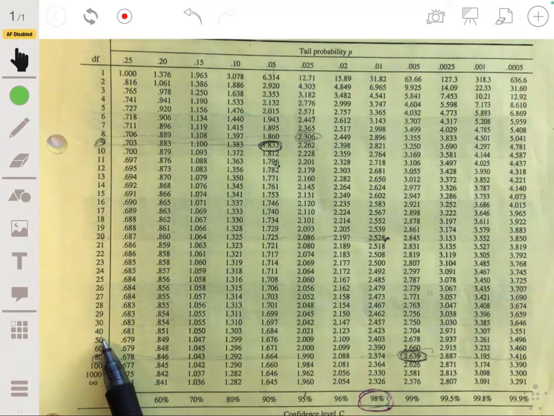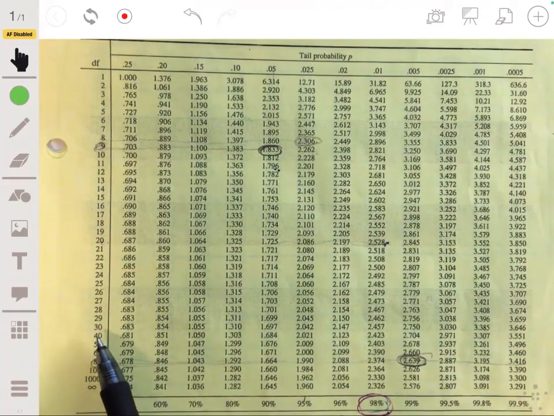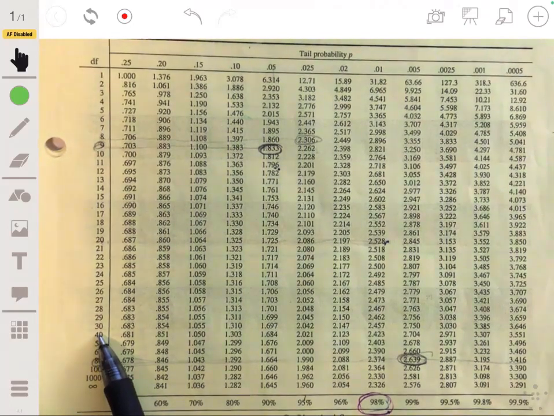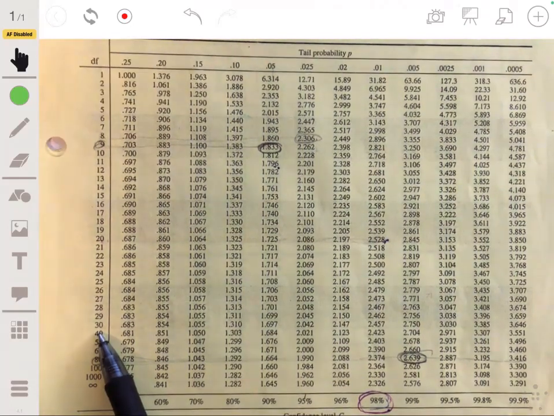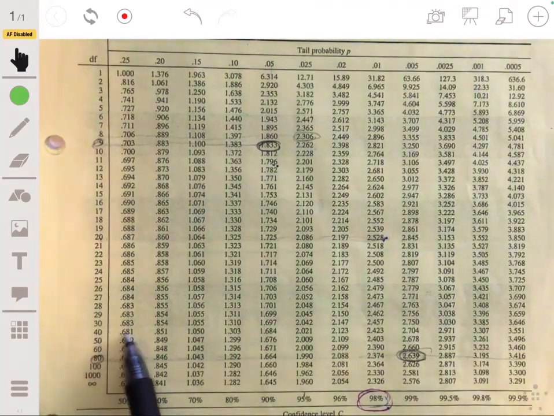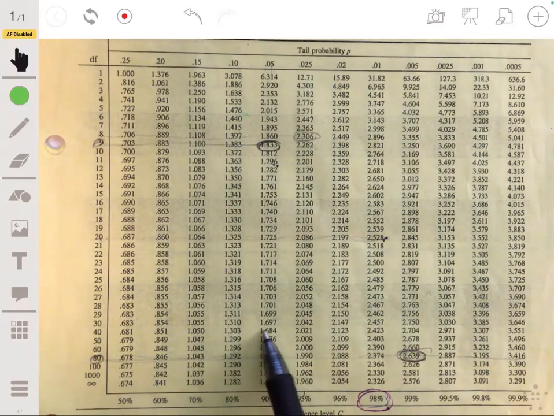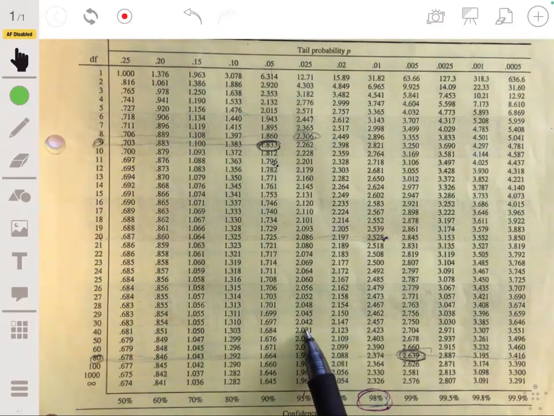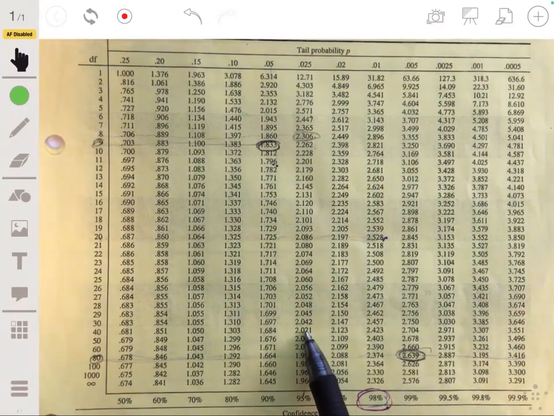Now, even though 50 is closer to 47 than 40 is, we've got to be conservative. So you want to choose the next number below it, not the closest number. So in this case, we would scroll over at the 40 row, this is 95%, and our T star would be 2.021.